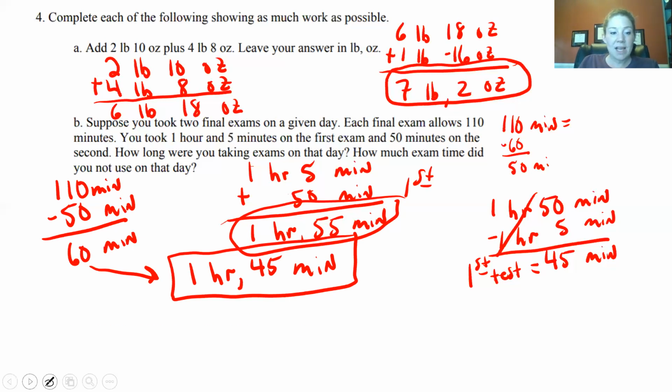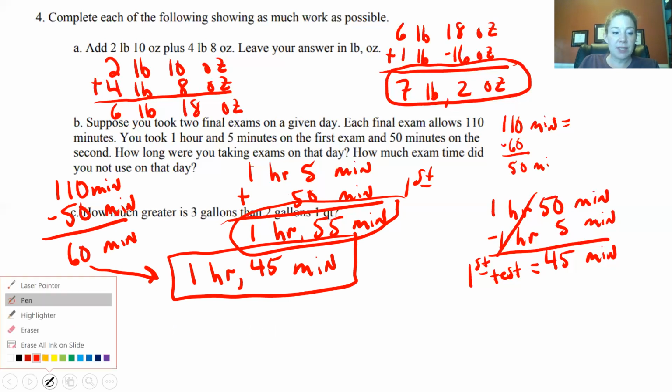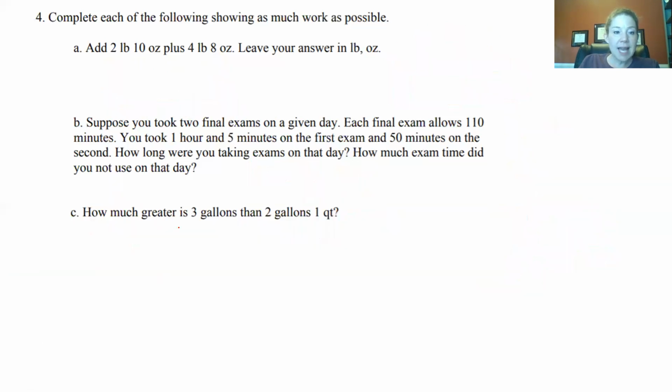All right, the next question, let me get rid of all this stuff. How much greater is 3 gallons than 2 gallons, 1 quart? So since it has quarts here, let's convert everything to quarts. Just like 4 quarters in a dollar, there's 4 quarts for every gallon.